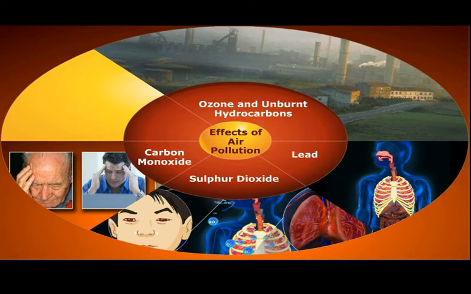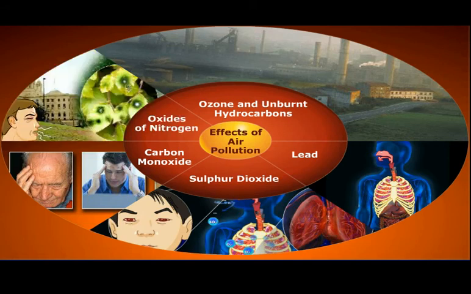Carbon monoxide hampers transport of oxygen to various body tissues, leading to dizziness, headache, and fatigue, and its high concentration is often fatal and may lead to death. Nitrogen oxides cause breathing difficulties and illnesses of the respiratory tract. They also cause acid rain, which harms buildings and vegetation.